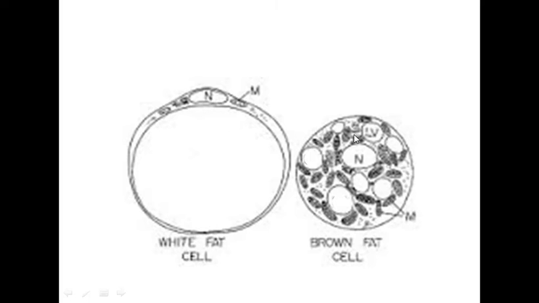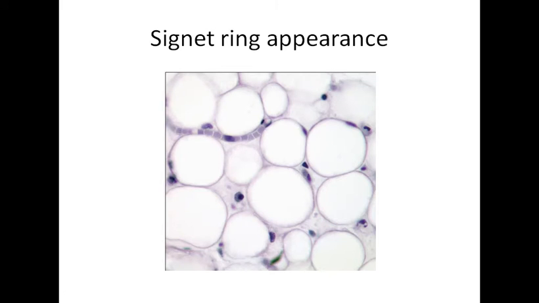And this is how the multilocular brown fat cell appears, with multiple locules in it, right? See, this is the characteristic signet ring appearance. Single nucleus at the periphery and the whole single empty locule. This is white adipose.